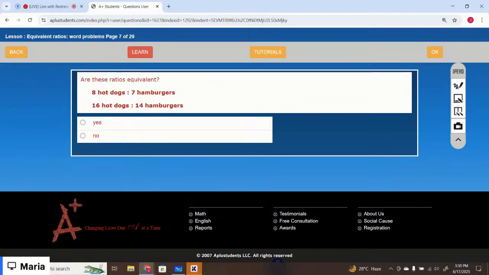Eight hot dogs to seven hamburgers and 16 hot dogs to 14 hamburgers. So which is the correct option?